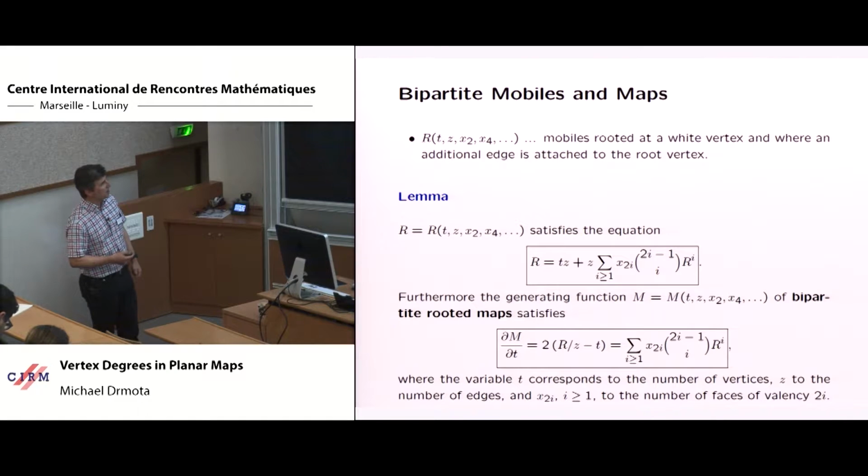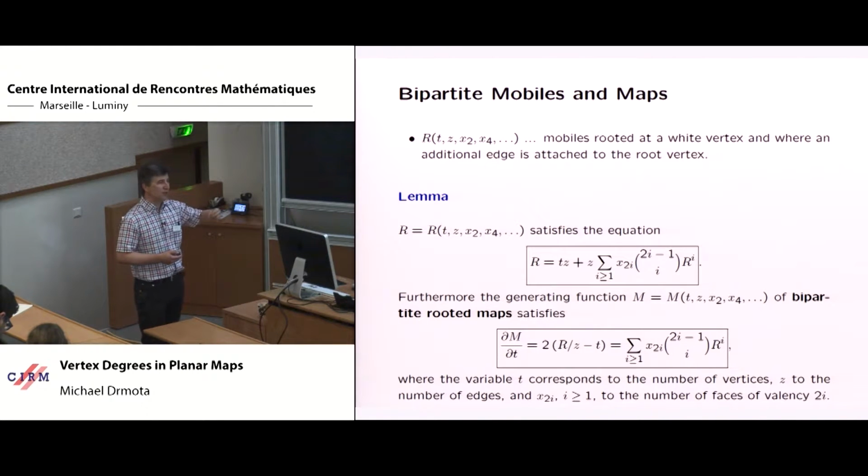Here you see a derivative with respect to t. So what is M? M is the generating function for the rooted maps. If I take the derivative with respect to t, this is just the rooted and pointed version. So this is the pointing operation. And these pointed rooted maps are then related to rooted mobiles.